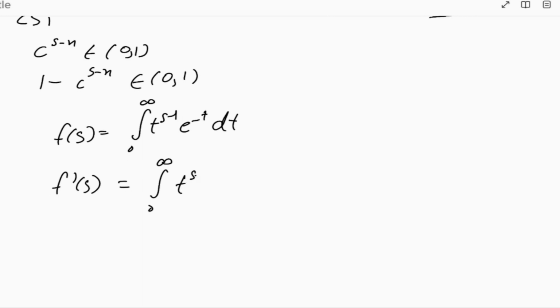So this becomes the same term, ln t times the derivative of s minus 1, that's 1, and the rest of the terms.